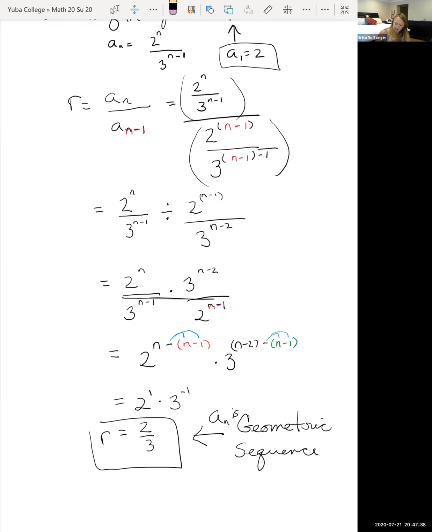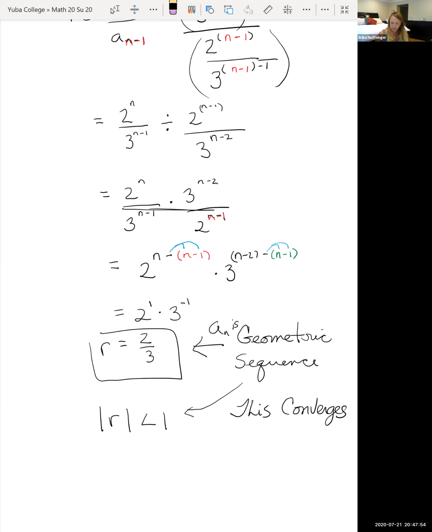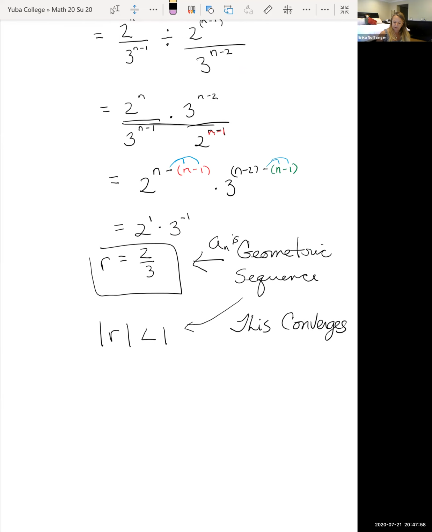So r is equal to 2/3. The absolute value of r is less than 1. So that tells me by that theorem, so this converges. This meaning A sub n converges. Okay, but it doesn't tell me what it converges to yet.